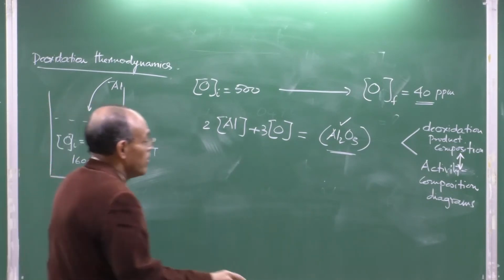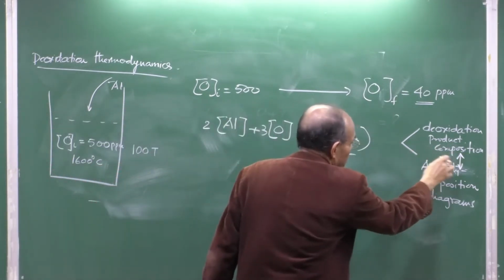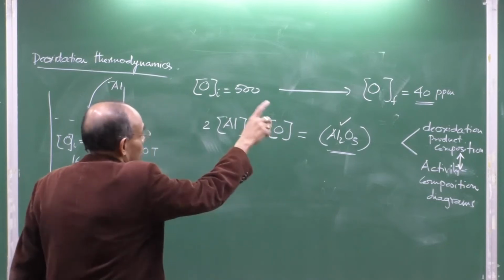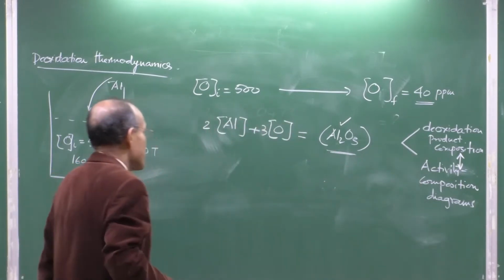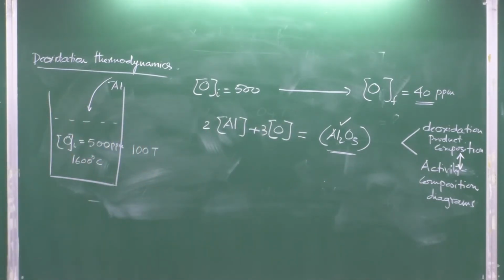And as I said, in the pure case it is simple, but here it is not so simple. But given these two, it is very easy for us to find the activity from the given composition of the deoxidation product.